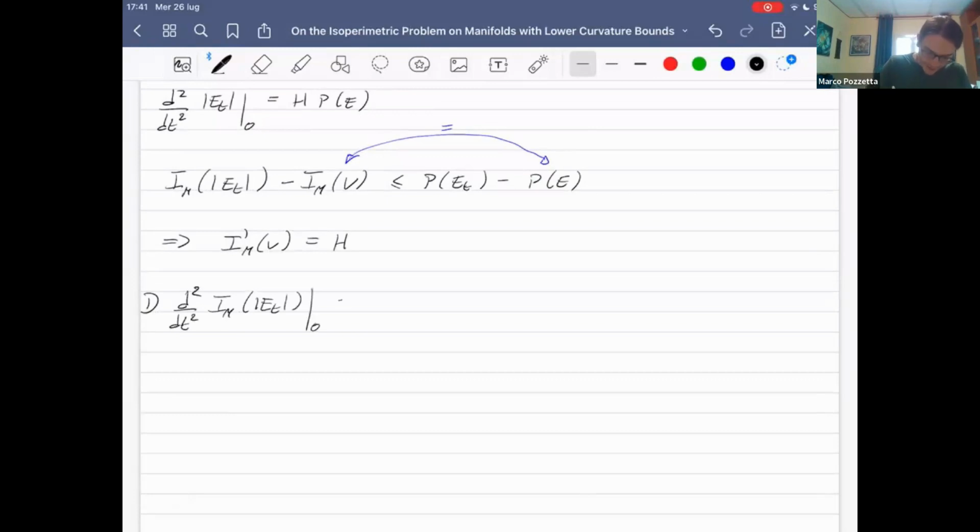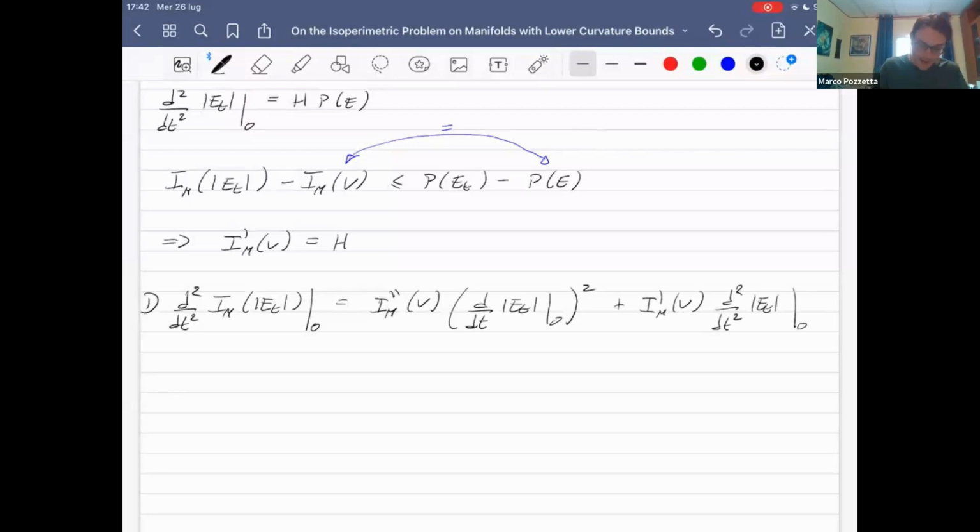Just by chain rule, I get I_M second derivative at V times the first derivative of the volume at 0 squared, plus I_M prime at V times the second derivative of the volume at t equal to 0.